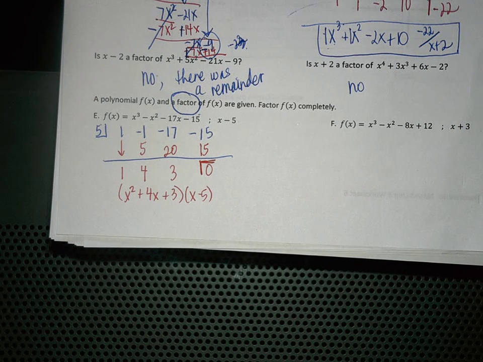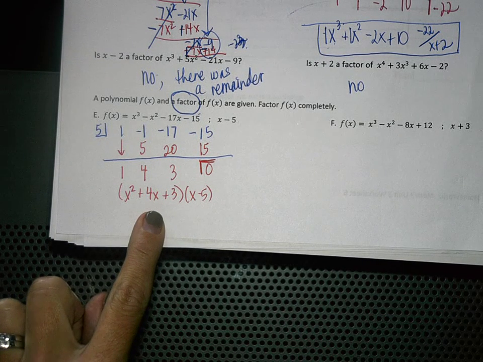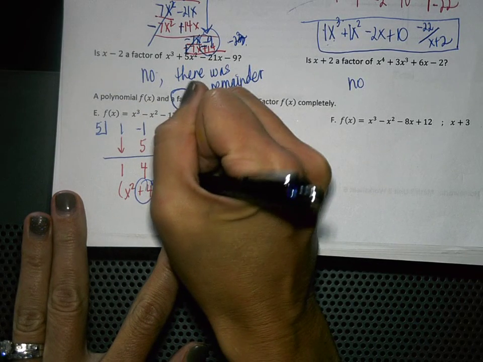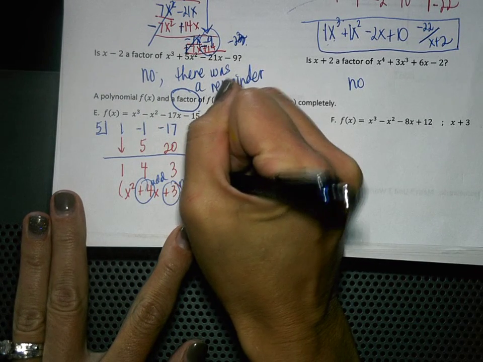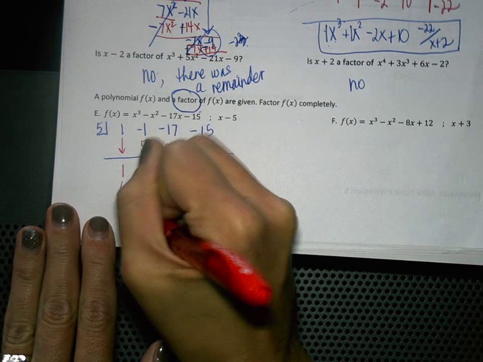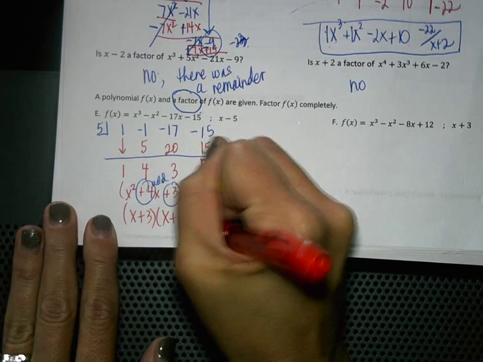We have to write out all the factors. Can this be factored further? Does anything add to be 4 and multiply to be 3? Yeah, 3 and 1. So I end up with x plus 3 times x plus 1 times x minus 5.